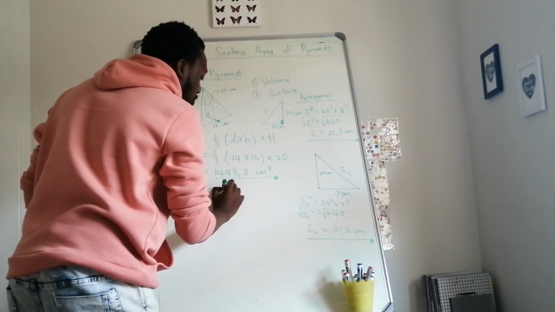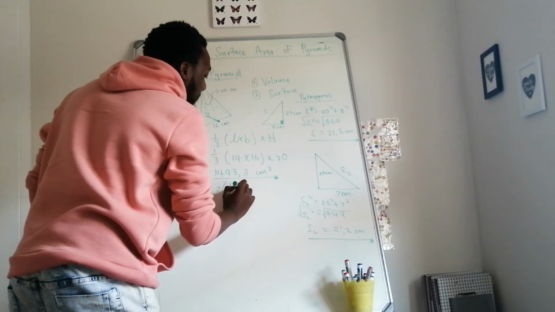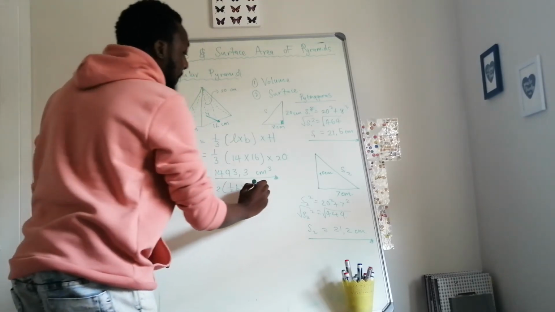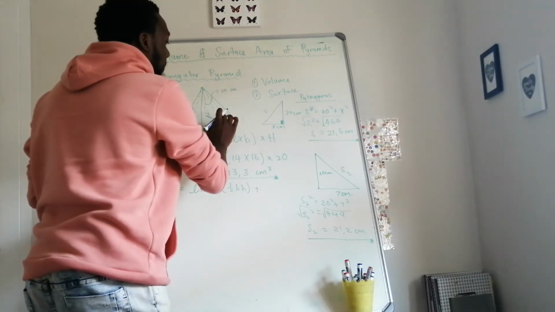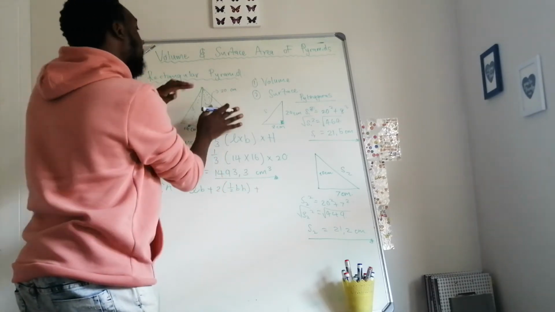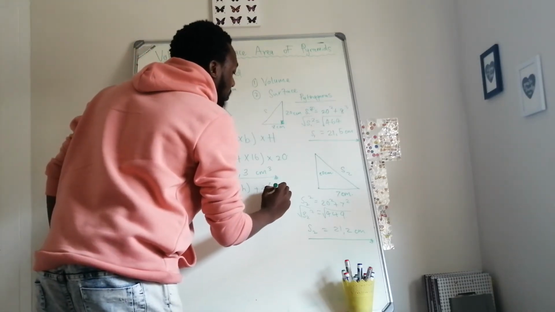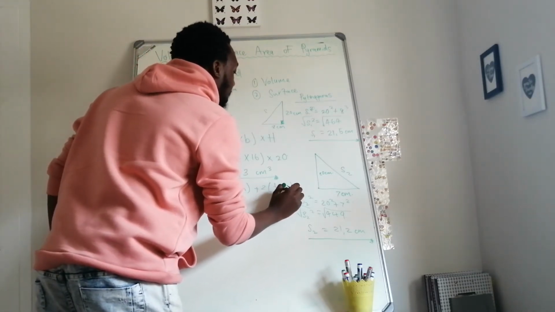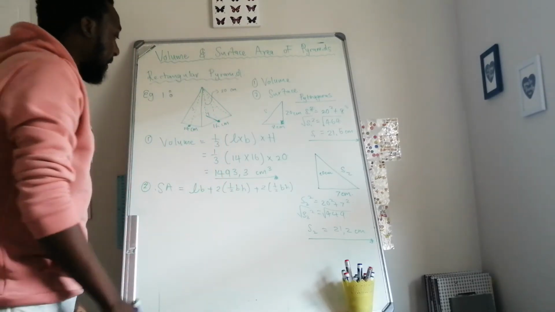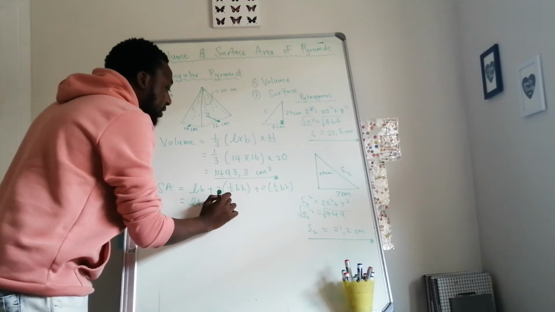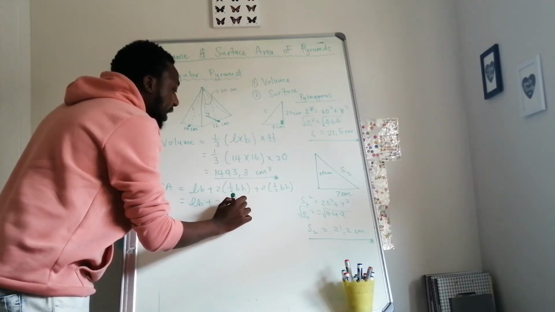So I can just say twice half base times height, plus if I stand here in front, there's a triangle there, and the other one right opposite it is the same. So I say 2 of half of base times height, right? So now let's substitute half of base times height.